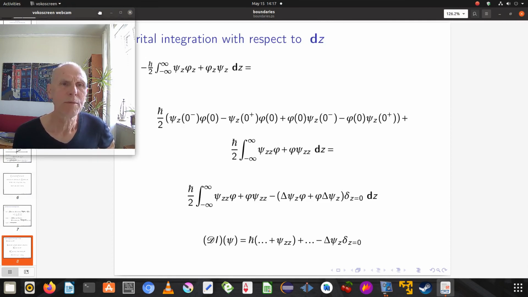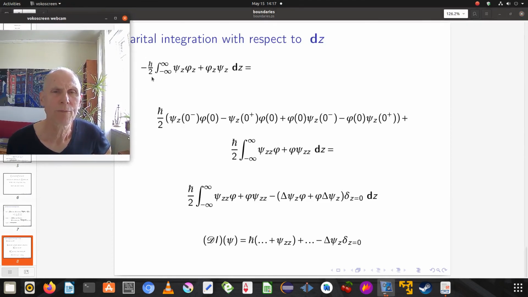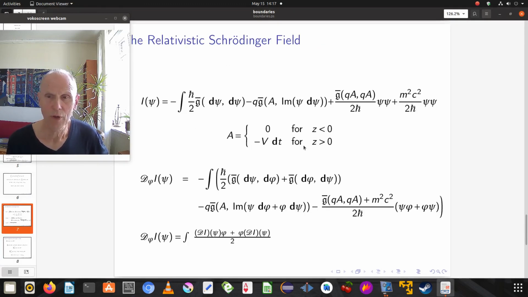We perform the partial integration, and I won't read it. You can see it. It's what we have done before. And this is the only term that comes. This does not give a derivative with respect to z, because only the dt term enters. So if g is diagonal, then only the derivative with respect to time enters here.